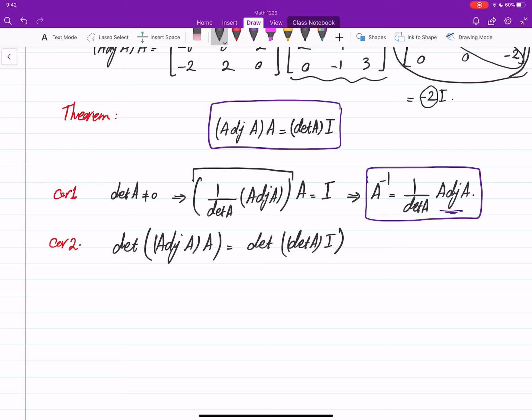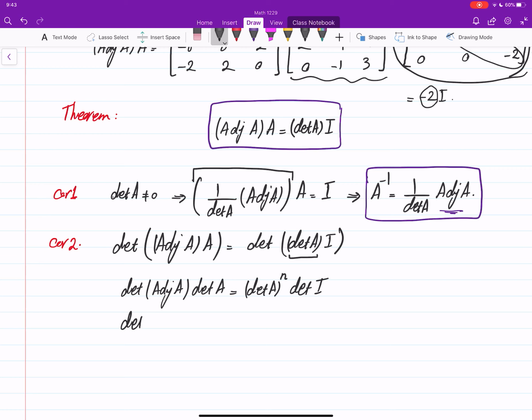Here we have a product of two matrices, so this will be the determinant of adjoint of A times the determinant of A. And on the other hand, here, this is a scalar. A scalar comes out of the determinant but picks up the power, the number of rows, and the determinant of the identity.